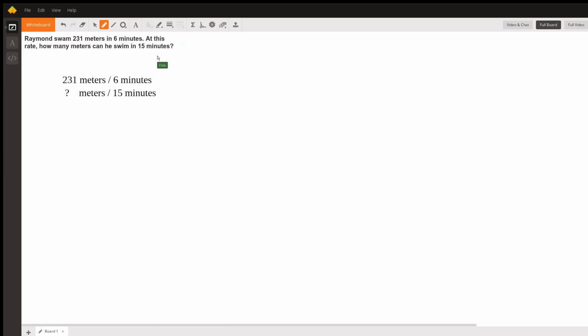A physical way to solve it would be figuring out what rate Raymond is swimming at. He goes 231 meters in 6 minutes, so what would that rate be? It's basic math.